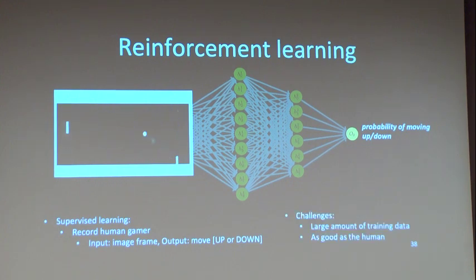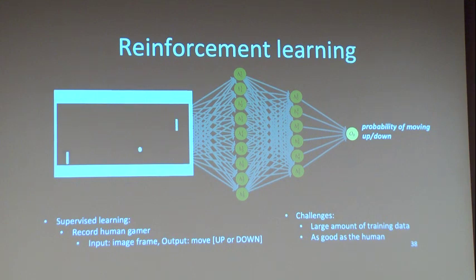What is the problem? First of all, for each possible image, you need to give a label. So essentially, you need to have a lot of training data for this simple game. And at the end of the day, if the human gamer is a mediocre player, the system will be mediocre as well, right?